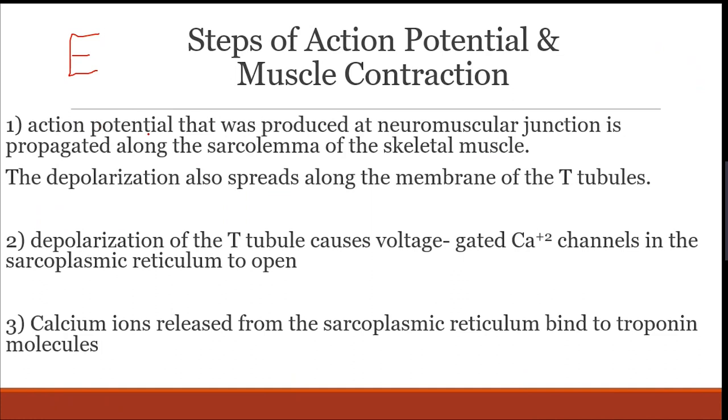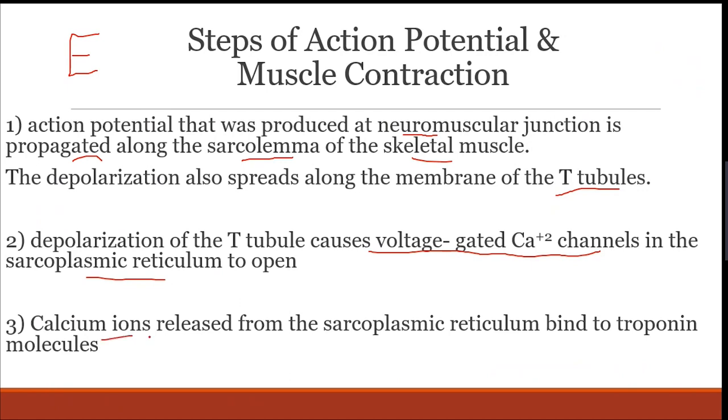So again, you put in your own words, the action potential that came from that motor neuron is going to get sent to the muscle cell, and it's going to move along the plasma membrane of that skeletal muscle cell. It's going to go down the T tubules, causing the voltage-gated calcium ion channels to open, releasing calcium from the sarcoplasmic reticulum.